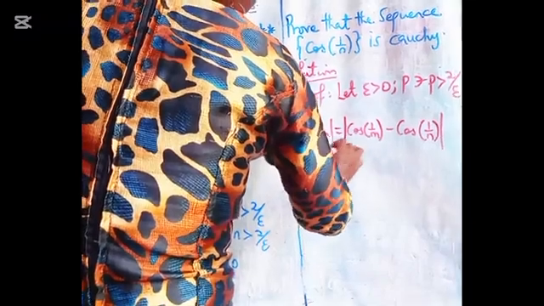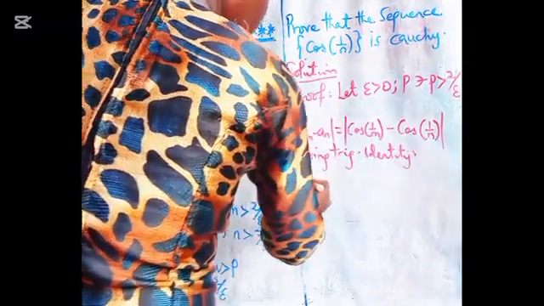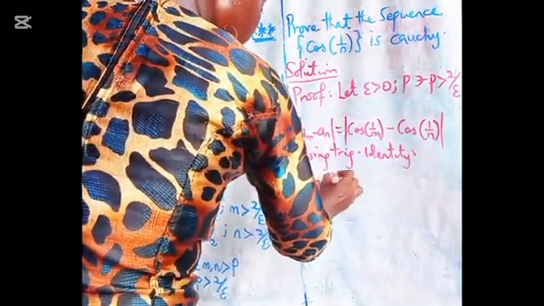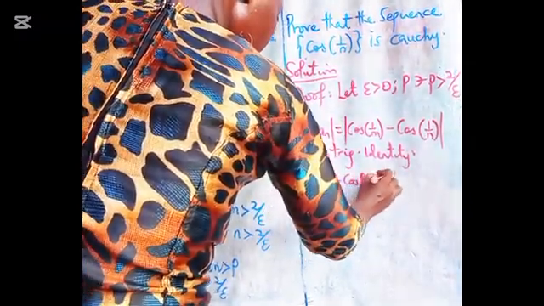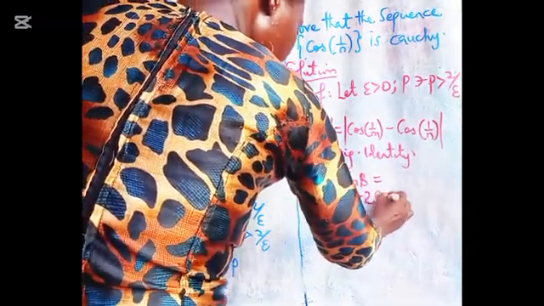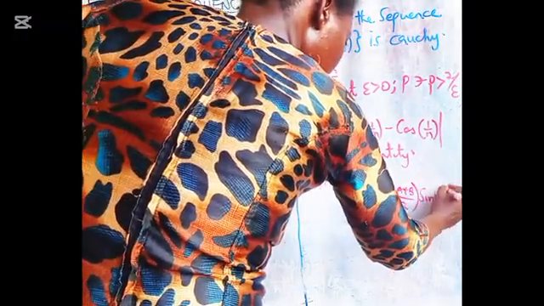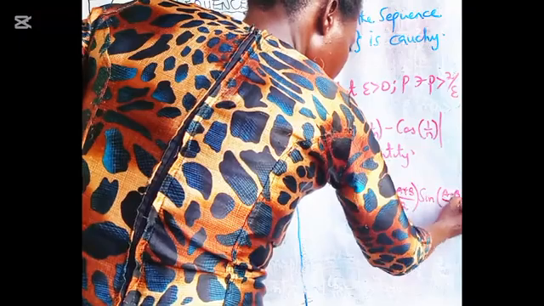Using the trig identity, and what is the trig identity that we used? Cosine A minus cosine B is equal to what? Minus 2 sine (A plus B) over 2 into sine (A minus B) over 2.